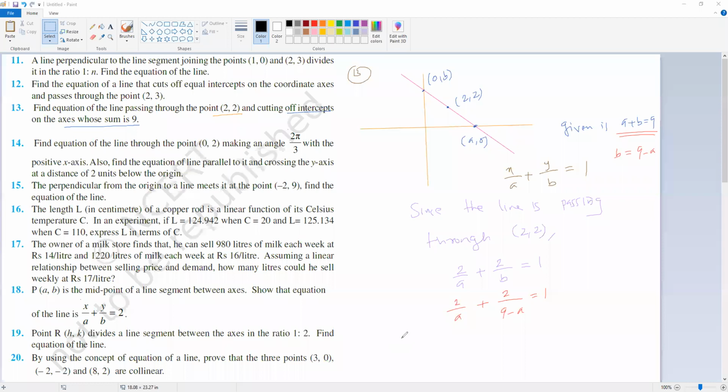So (2 into (9 − a) + 2 into a), the whole divided by a into (9 − a), is equal to 1. So you can cross multiply. When we simplify, 2 into 9 is 18, minus 2a plus 2a, is equal to a into 9, 9a, minus a square. So minus 2a plus 2a will cancel, and everything comes to the left side.